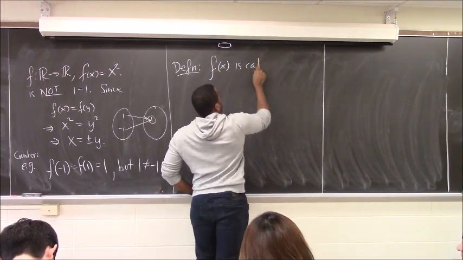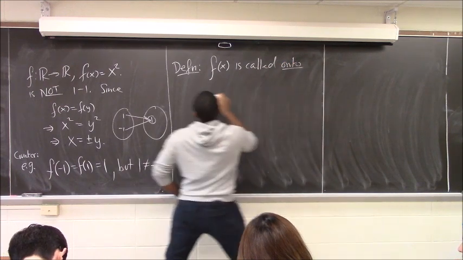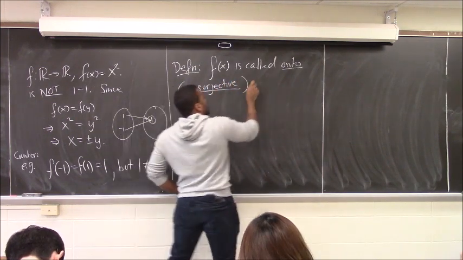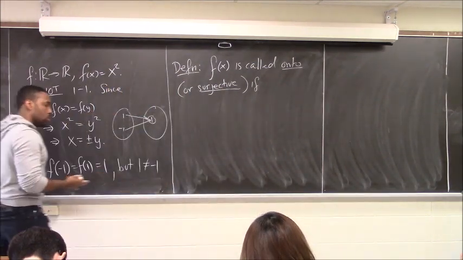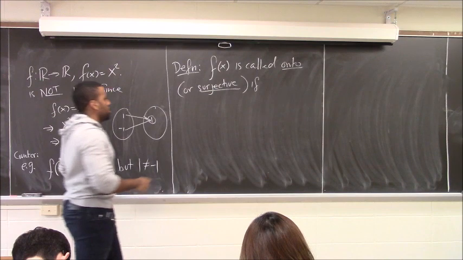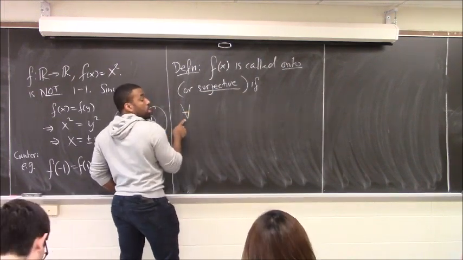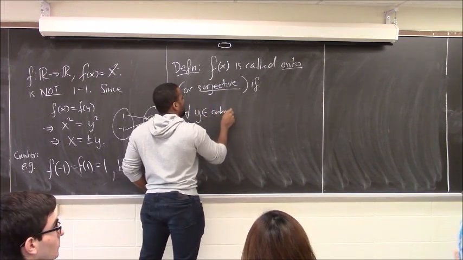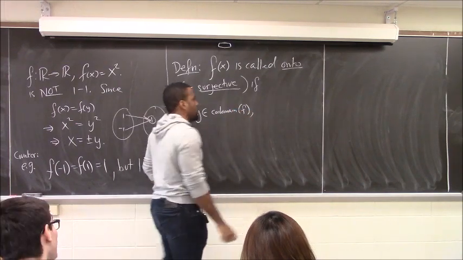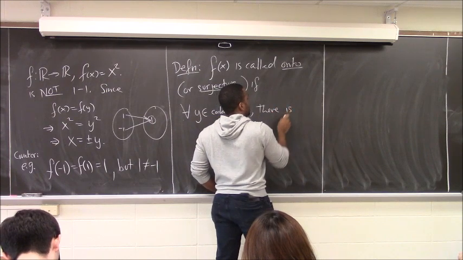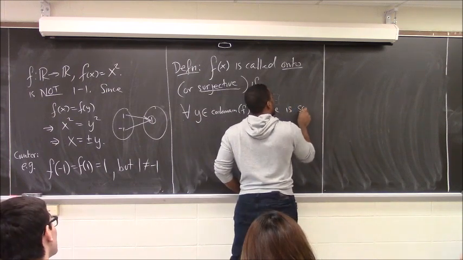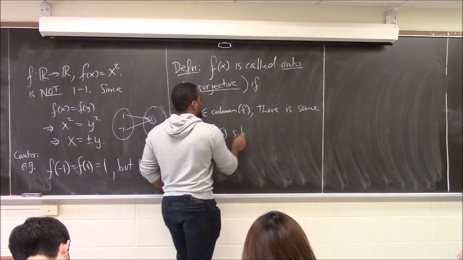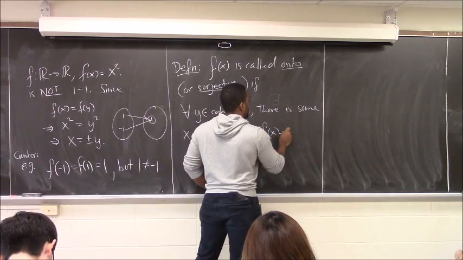F of x is called onto or surjective if, and again, I'm going to state it in the mathematical way you'd want to think about it, for all y values in the codomain of f, there exists some x value in the domain of f such that f of x equals y.